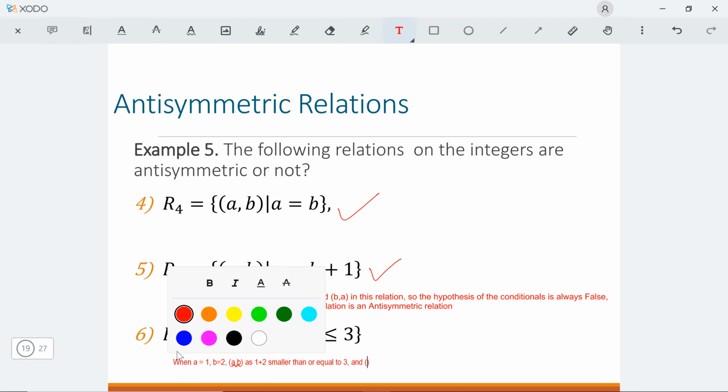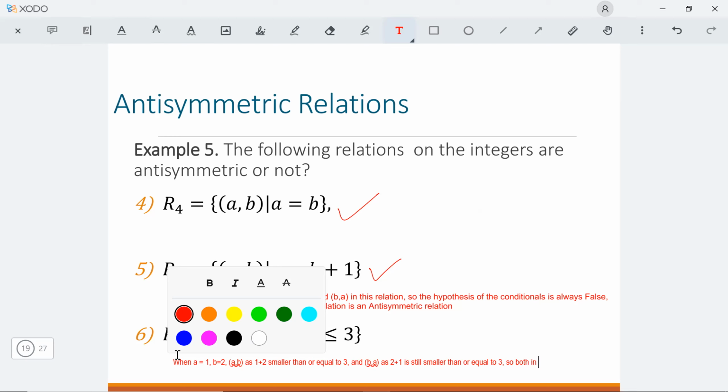And (B, A), which is 2 plus 1, is still smaller than or equal to 3, right? So (A, B) and (B, A) are both in this relation.